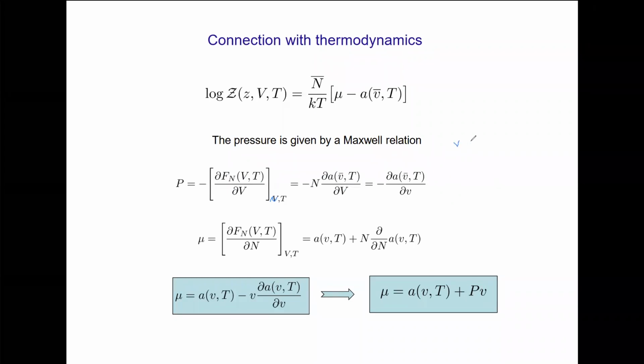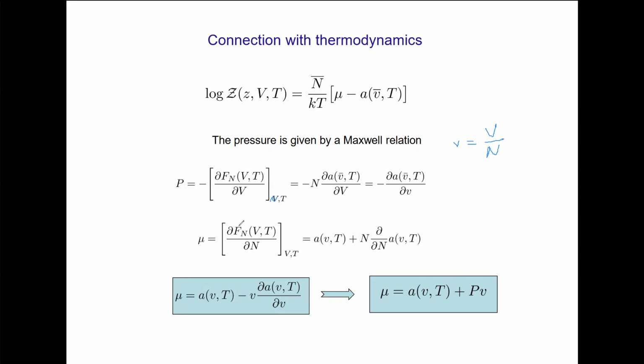Little v is equal to large V over N. So when we differentiate, if we substitute this little v in here, and differentiate with respect to the capital V, we get an extra factor 1 over N, which cancels out this factor, and this is the expression for the pressure in terms of the free energy per particle.